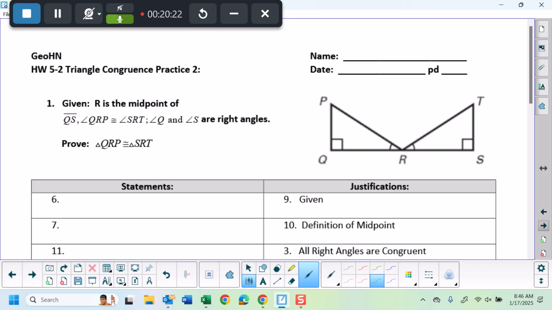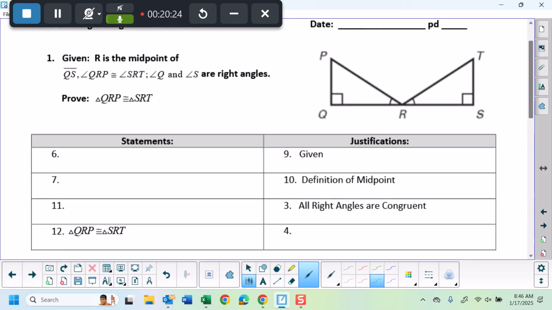Again, given that R is the midpoint, and this is my favorite conversation, you are so smart now. Because if you know R is the midpoint, that is what you see, but what you know then is that those two segments are then congruent. What do you see, what do you know, what do you need?